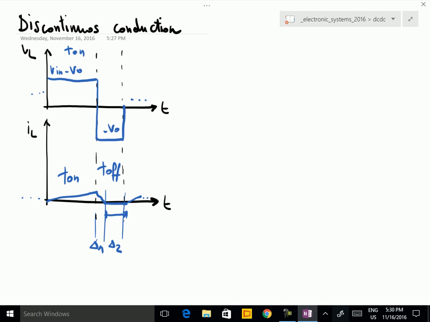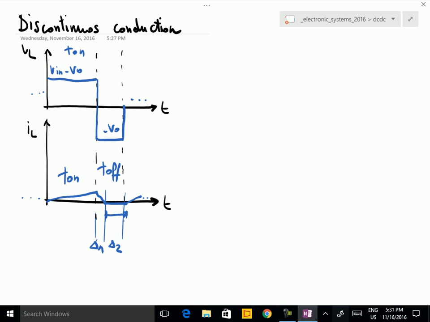This situation was not very typical in the switching regulators of desktop computers, for example, but it is extremely typical of portable electronics, because in portable electronics you typically want to put everything in standby when you do not need it.